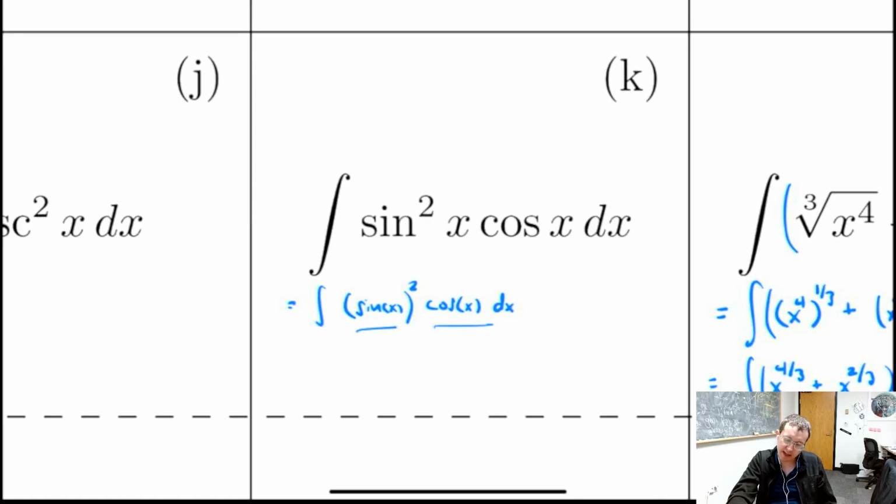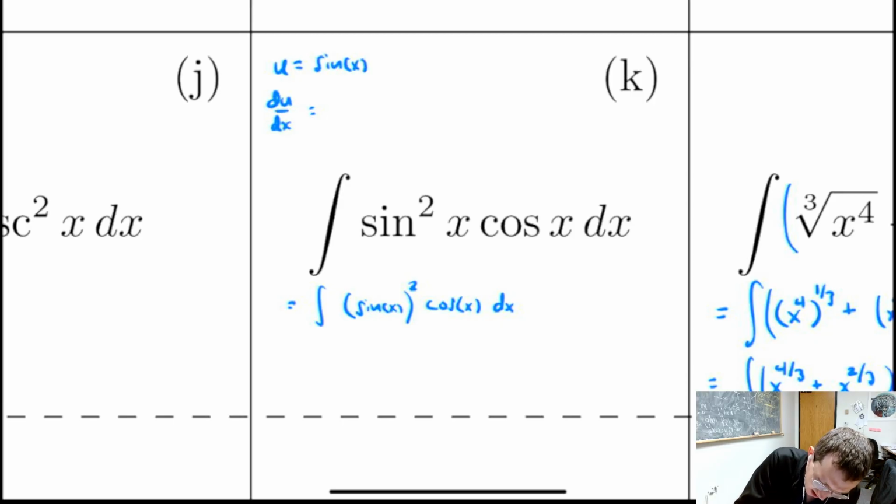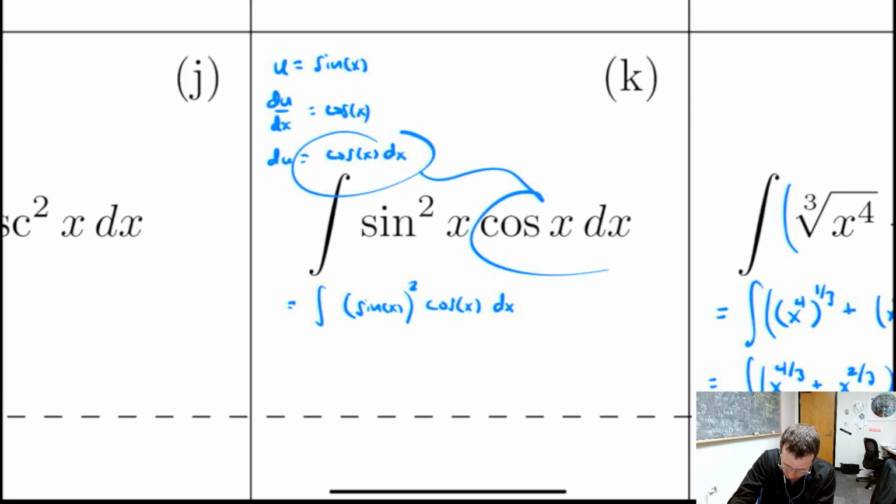Okay, I see sine and cosine. And cosine's the derivative of sine. So when I see a thing and its derivative, I'm going to try a substitution where I set u equal to the thing. And then when I differentiate, I get cosine of x, and there you go.